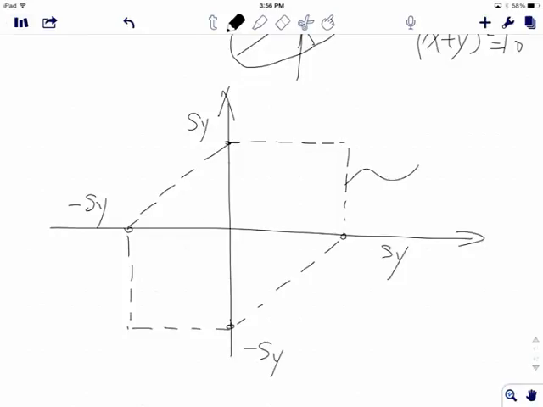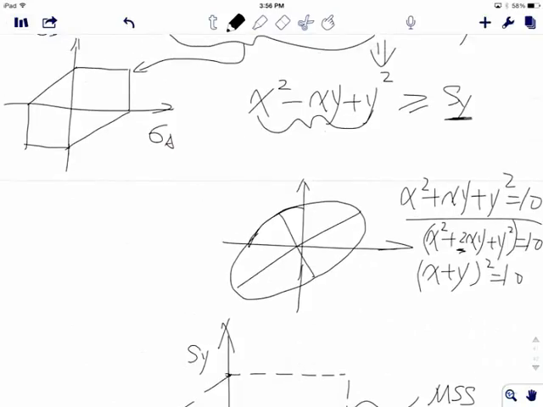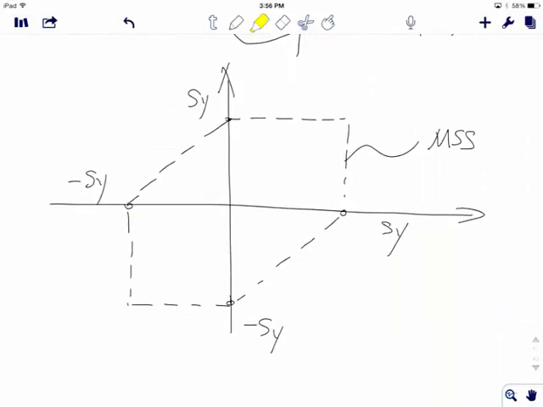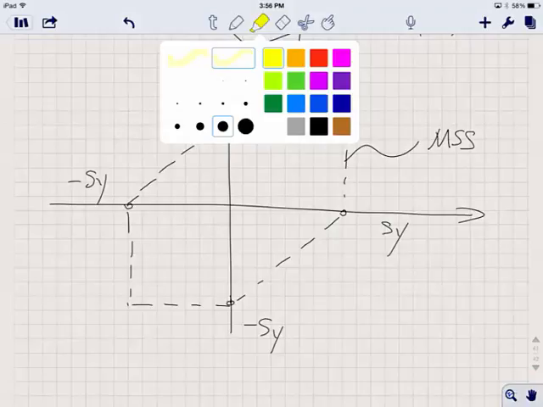So whatever is here is maximum shear stress. Okay, now let's see how we put this into play. All right, so let me use the red.